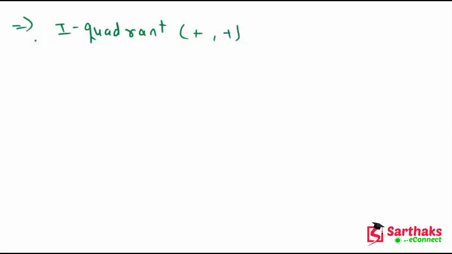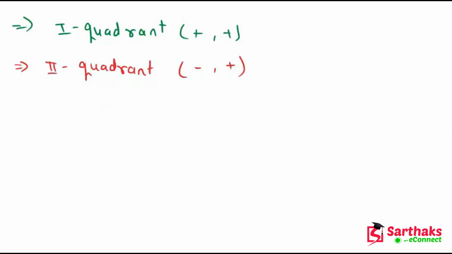Now in the second quadrant, the x coordinate is negative and the y coordinate is positive. I hope you get this point, my dear friends.